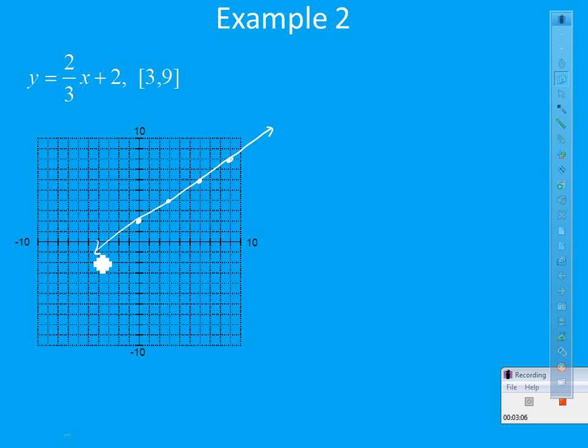Well, what I'd like for you to do is shade it in, bounded by the vertical line x equals 3, the vertical line x equals 9, and the x-axis. So here goes x equals 3 right there, x equals 9 is right there, and right there. So what I'm going to ask you to find is the area of this here trapezoid.